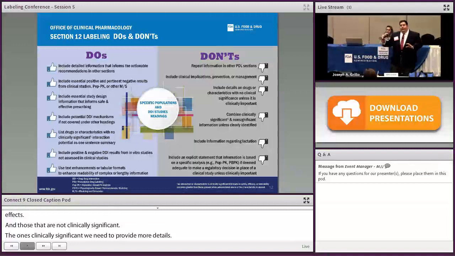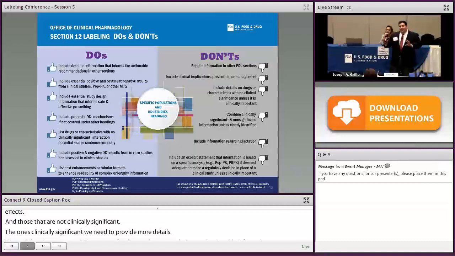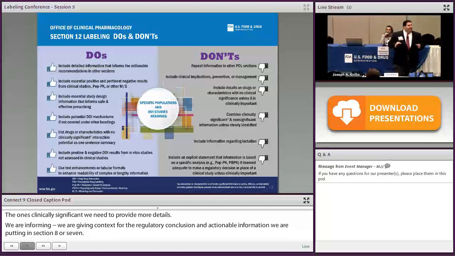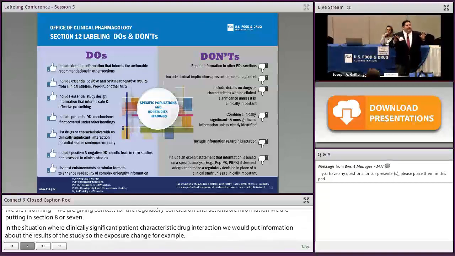So in those situations, for a clinically significant patient characteristic or drug interaction, we would put information about the results of the study, so the exposure change, for example. And we may put some information, brevity is definitely recommended, about the study itself.